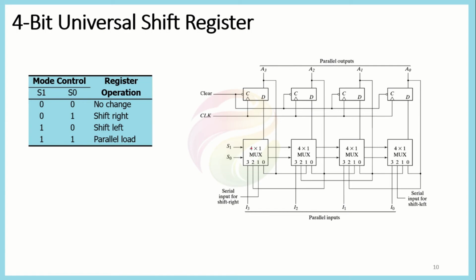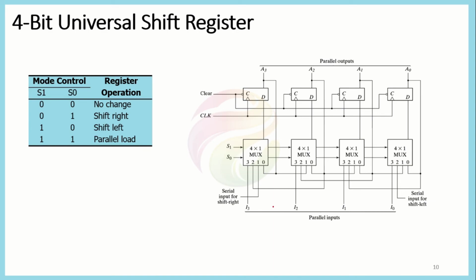What we do here is that we connect the input D of each of the flip-flops with the output of a 4x1 mux. So each input of this flip-flop is connected through a mux, and this mux is controlled by the 2 selection lines.